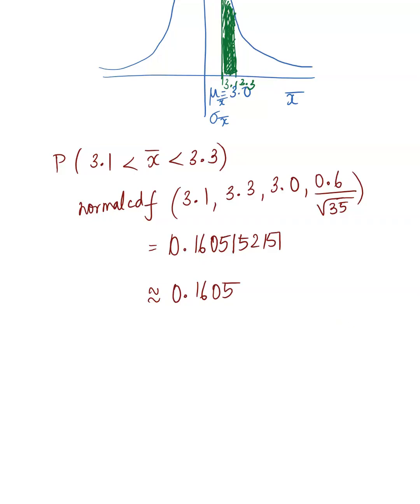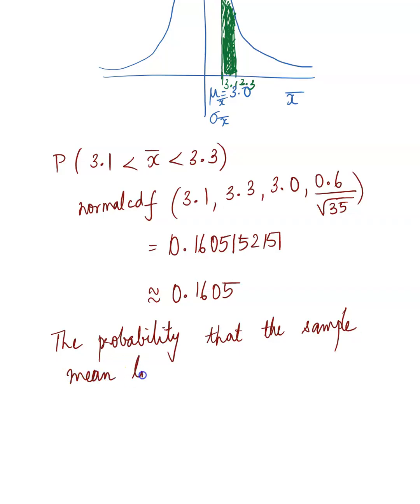So the way we interpret this is that the probability that the sample mean lies between 3.1 and 3.3 is 16.05%.